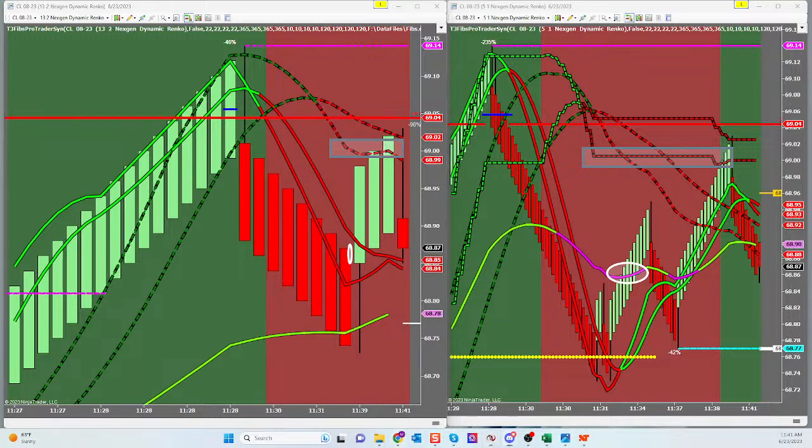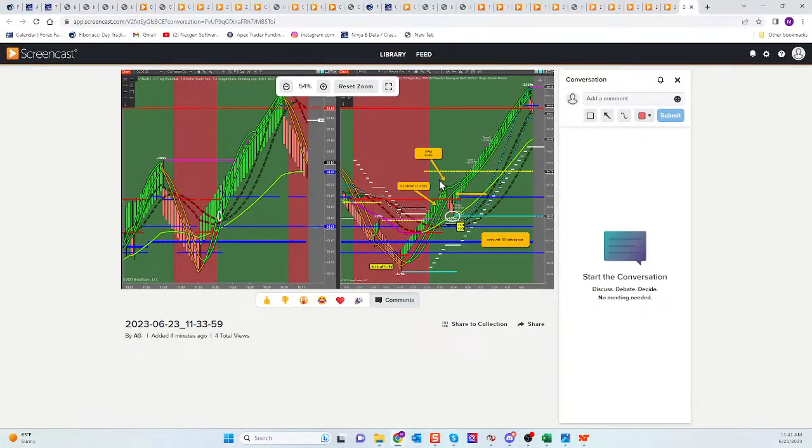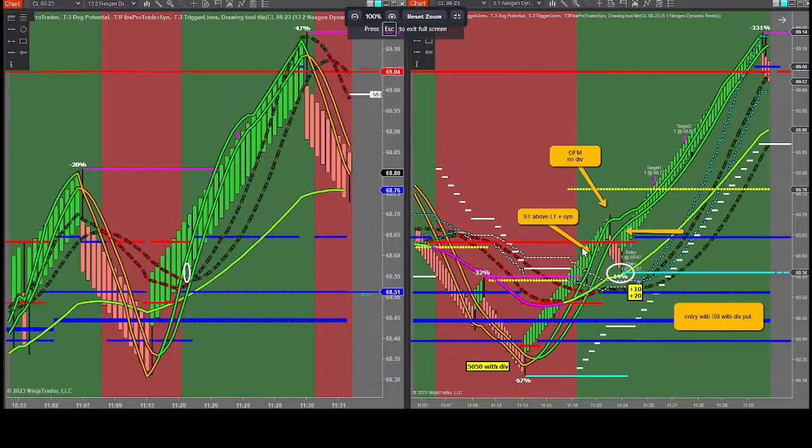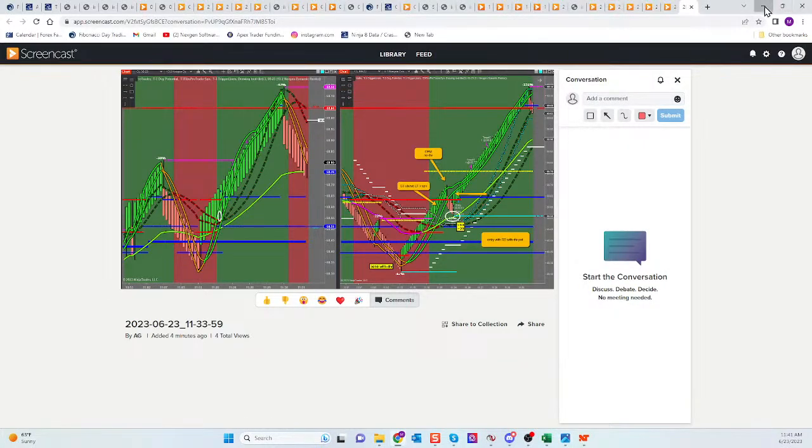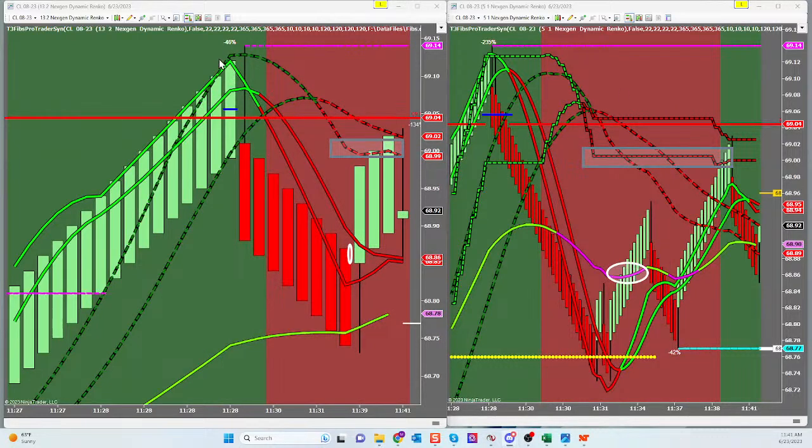During the pullback. But you want no divergence, right? Divergence prints. I might be a little confused here. I get that way sometimes.